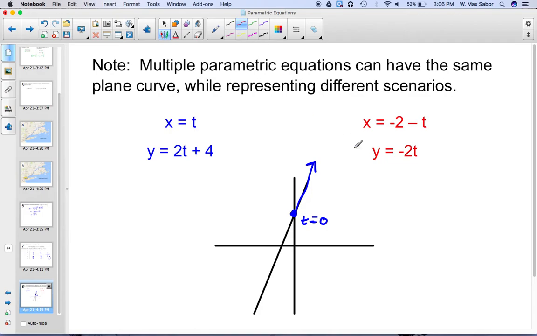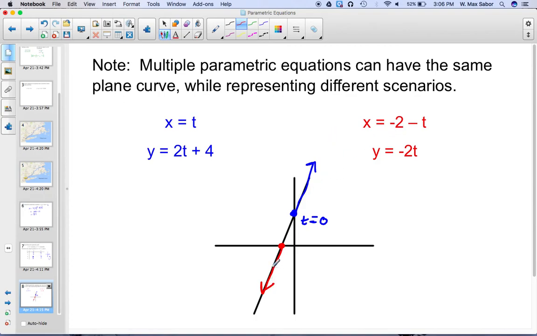But we could also talk about this parametric curve. If we plug in 0 here, we get -2 comma 0 as our starting point. Now when we plug in a larger value of t, it becomes more negative, and it's traveling the opposite direction along the line. So these are considered different parametric equations that have the same plane curve. This one is going up and to the right. This is going down and to the left.